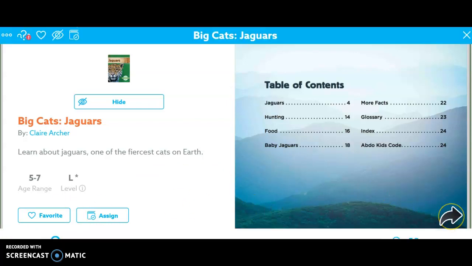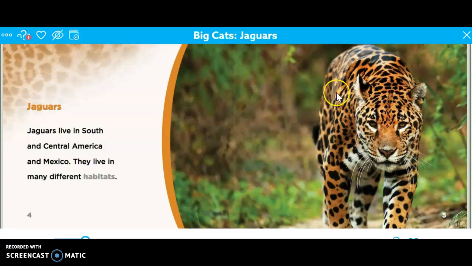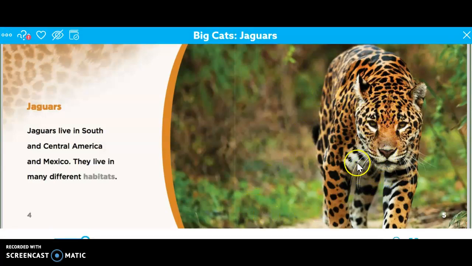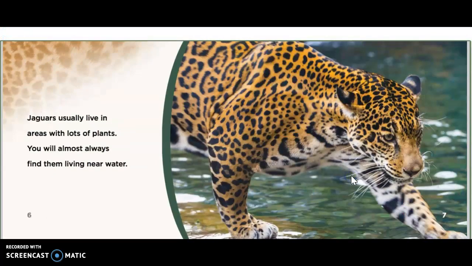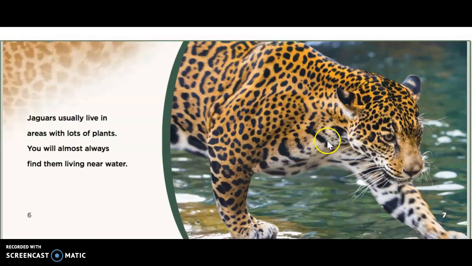Next, let's go ahead and take a picture walk. Let's do a picture walk in this book. Oh, look at the jaguar. We see woods, and the color of the jaguar has spots. Oh, these are nice illustrations. Look at the water.